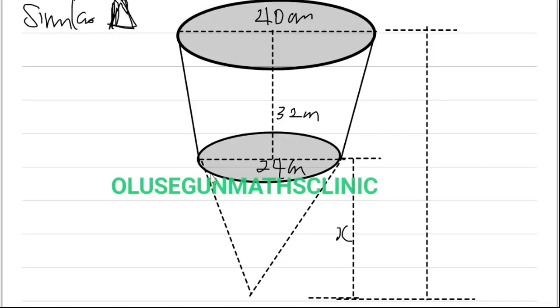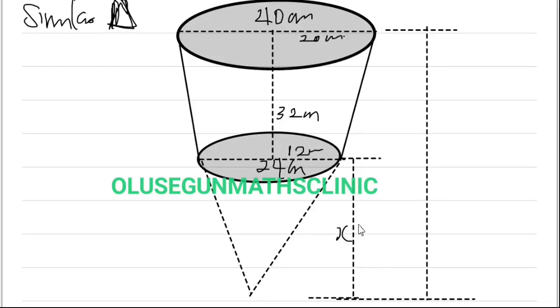In similar triangles, you discover that the height from here to here is this x. The x over this is, if this is the diameter, here will be 12 centimeters, and this will be 20.